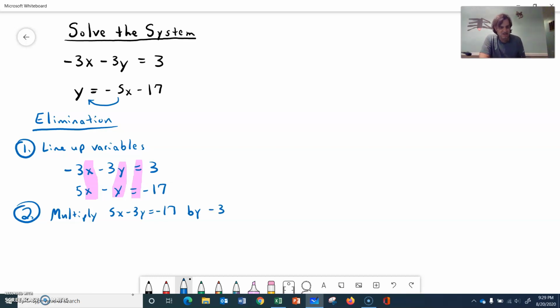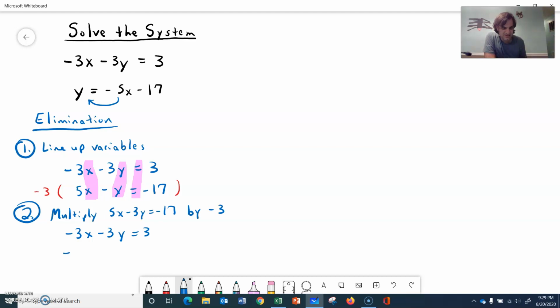Okay, and the reason I'm going to do a -3 is I want to change what's in front of the y in that equation to a +3, so they'll cancel out. So let's kind of set that up. We're going to take the first equation, which is -3x minus 3y equals 3, and we're going to multiply the second one by 3. Excuse me, -3.